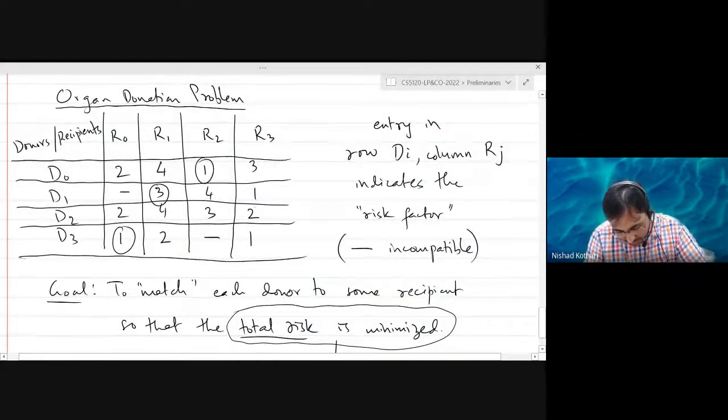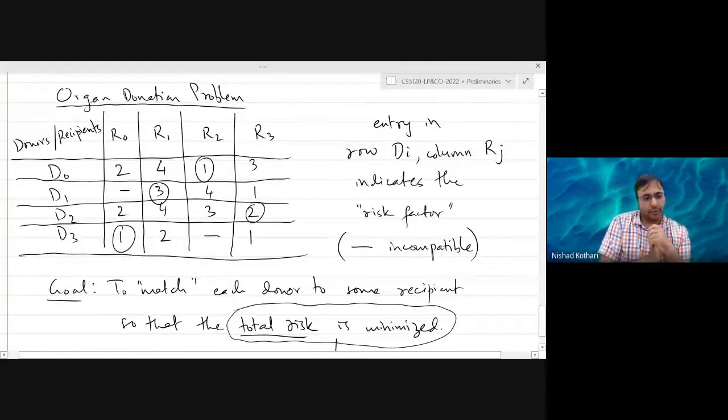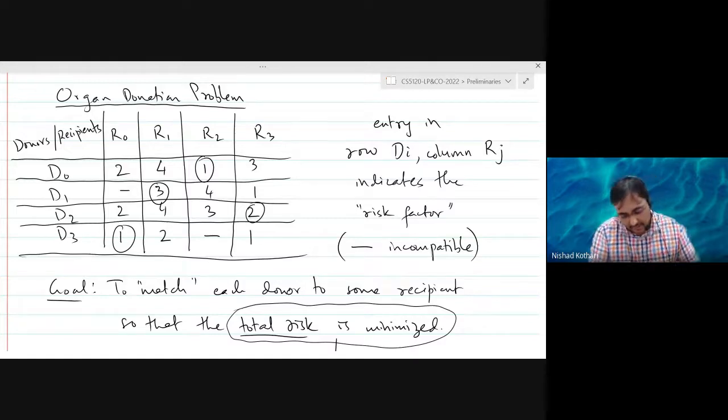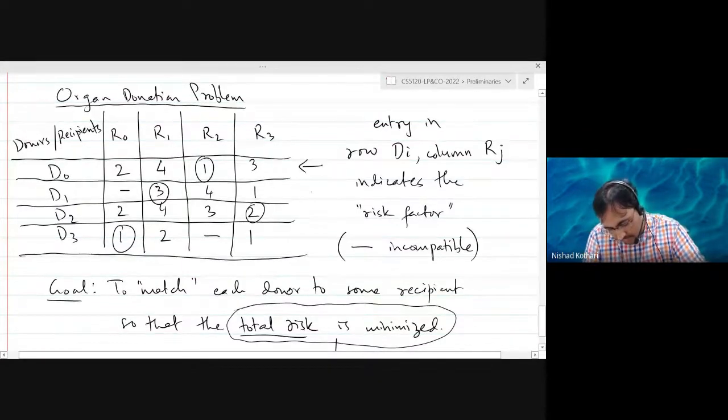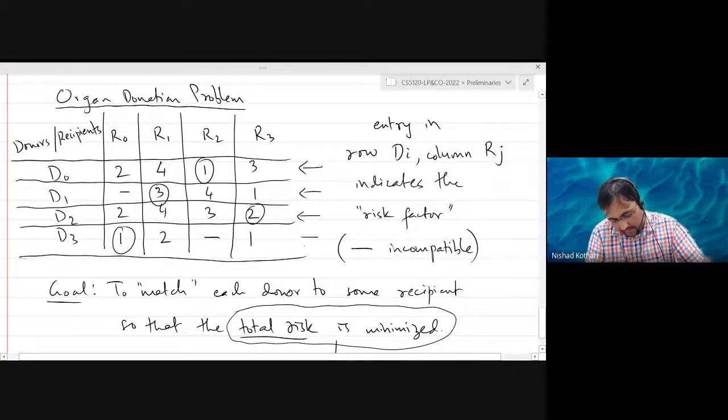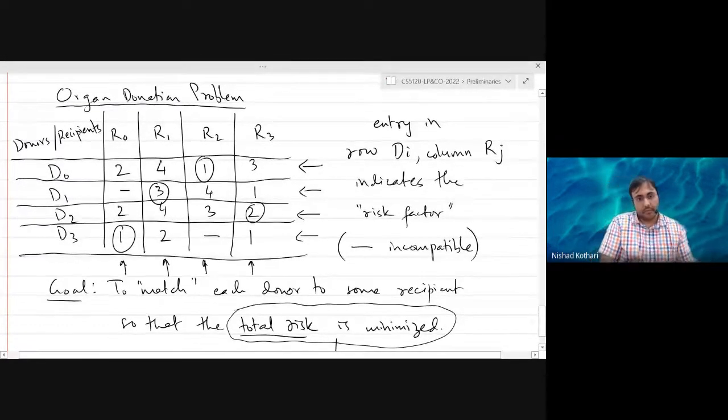So for example, if we choose donor number D3 to donate to recipient R0 and D1 for R1 and so on, the circles I've marked, then clearly you have actually matched all of them, right? It just means that in all of the rows and in all of the columns, you have exactly one circled entry. So there is a way to do it, but can we think of this as a perfect matching problem?